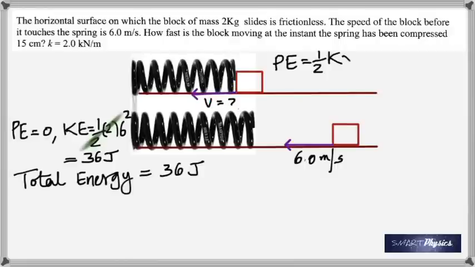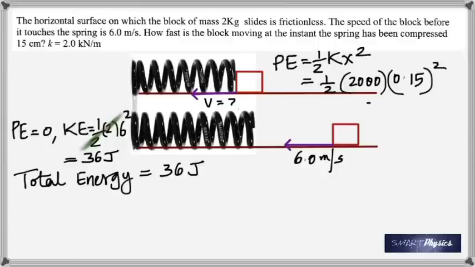The potential energy of the spring is 1/2 kx squared, where k is the spring constant, which is 2000 in this case, and x is either the compression or the extension of the spring, which is 0.15 in meters. 15 centimeter is 0.15 meter.